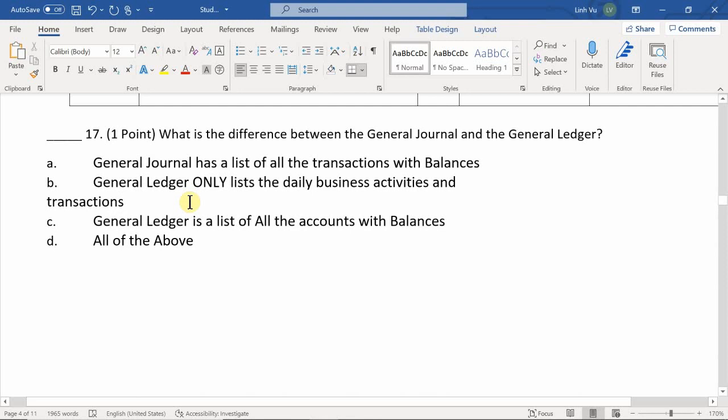All right. Number 17. What is the difference between the general journal and the general ledger?